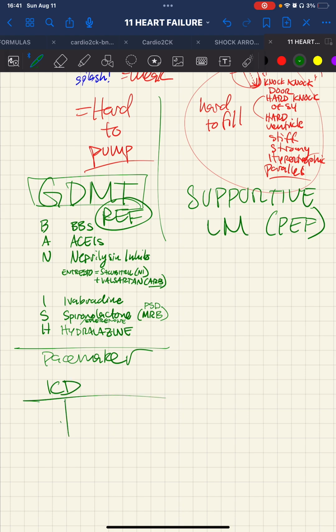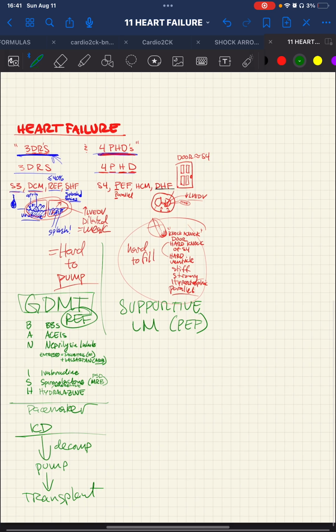And then later you can talk about decompensation, at which point you could think of getting a pump to do the work for you. What's the name of that pump? I forgot it. You could have a pump, and then another option would be transplant. Bada bing, bada boom. There it is, heart failure.